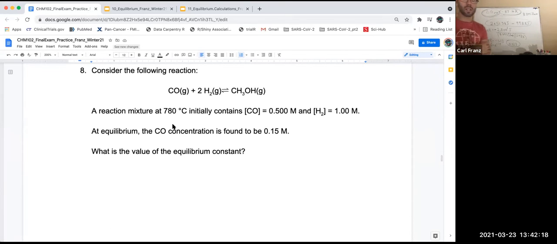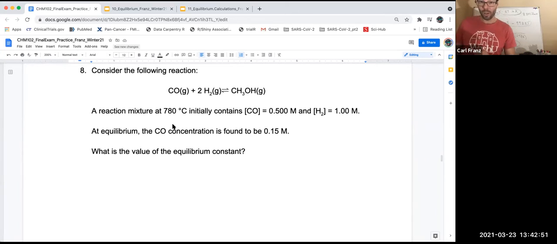Carbon monoxide plus hydrogen yields methanol. The reaction at 780 degrees Celsius initially contains these concentrations, and then at equilibrium, the concentration of CO is found to be 0.15. What is the value of the equilibrium constant? So, what do we do?